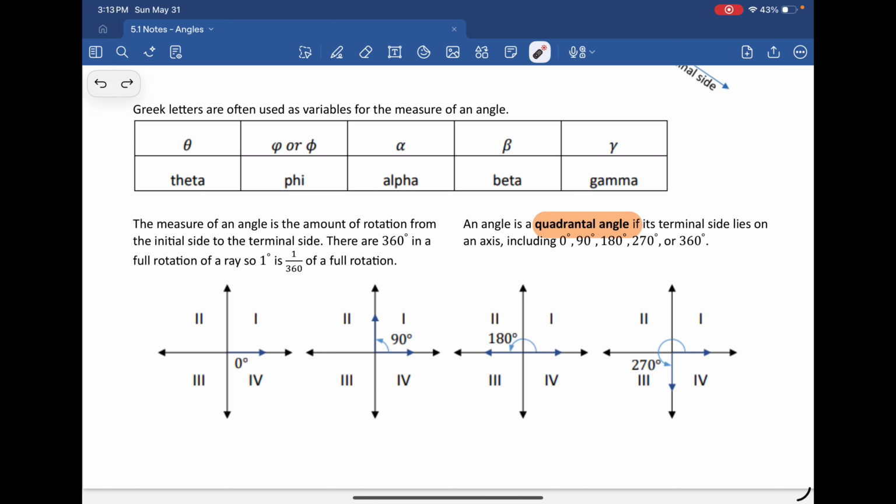We've got 270 degrees, rotating around 270 degrees. And of course, 360 would be the full rotation around. Now the order of your quadrants: quadrant 1 goes counterclockwise, 2, 3, 4.